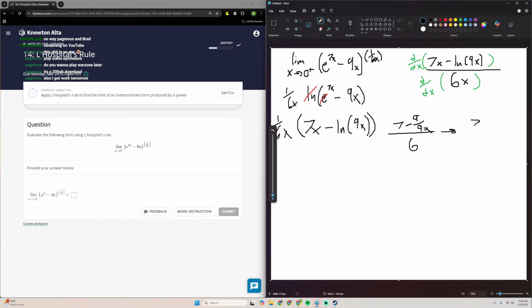Do this. 7 minus x over 6, which then becomes 7 over 6, because we're plugging in the 0. Limit, make a note.